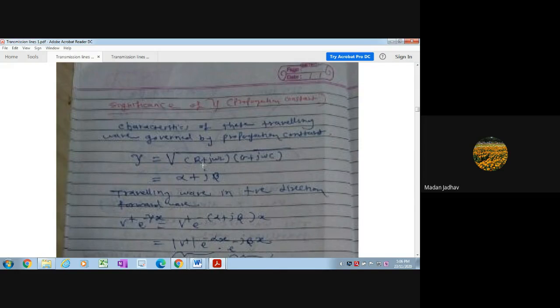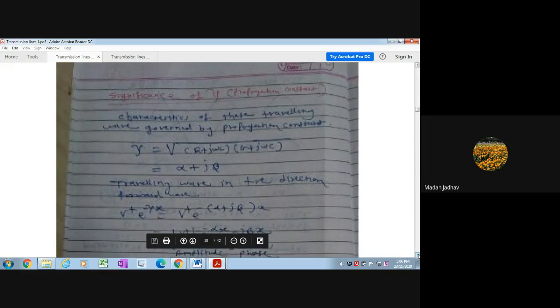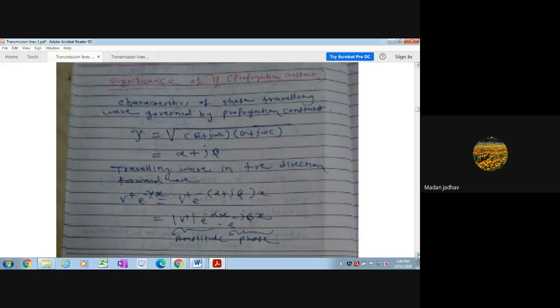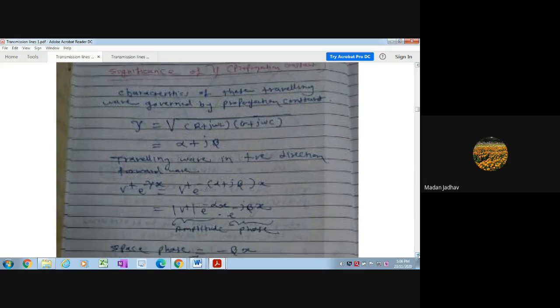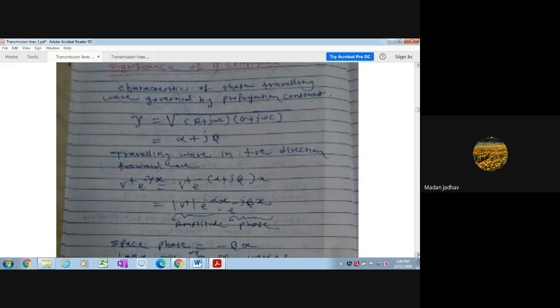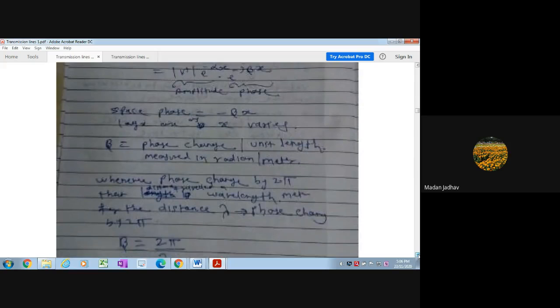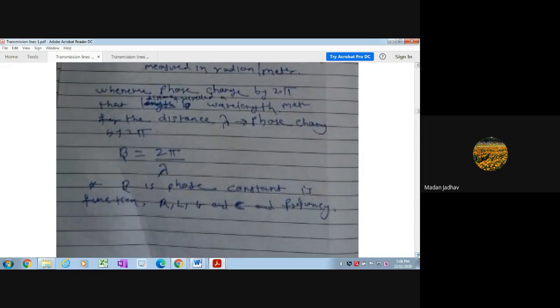That rate of change of the phase is denoted by the phase constant. Now the wave is traveling along the transmission line. If you see the solution of the transmission line, it has two parts: the first part is the forward wave, and the second part is the reverse wave.